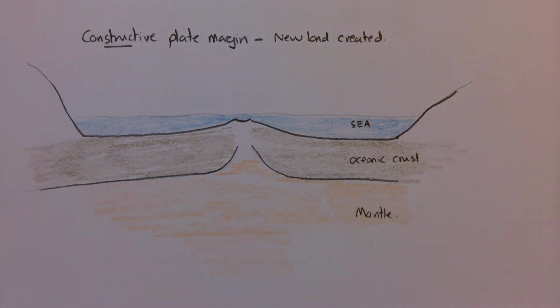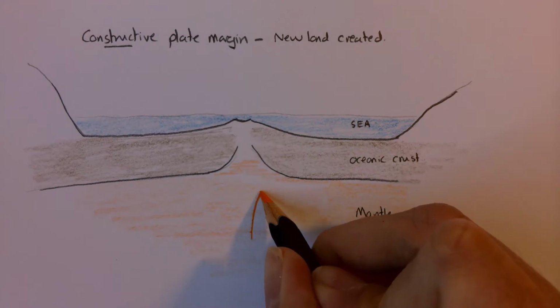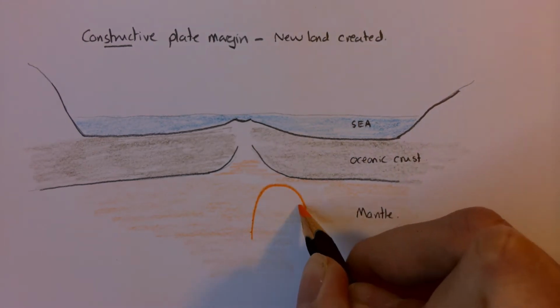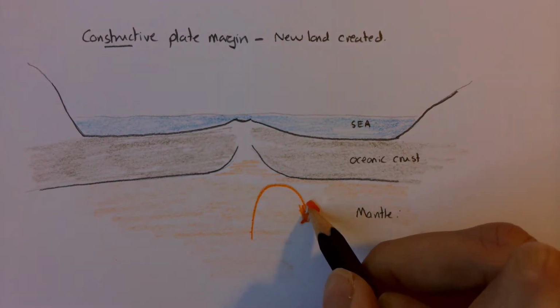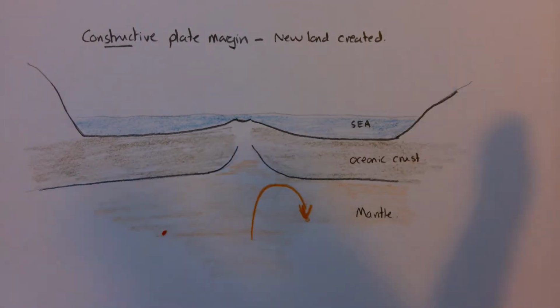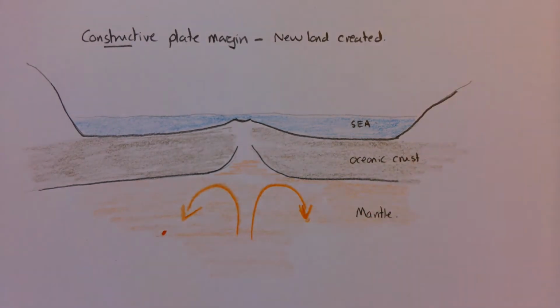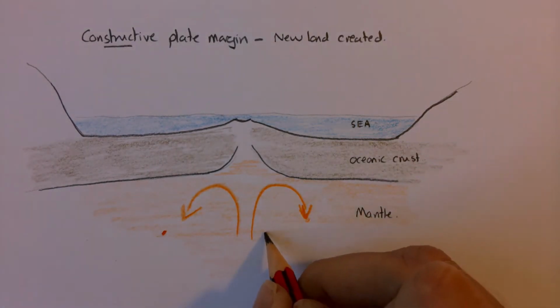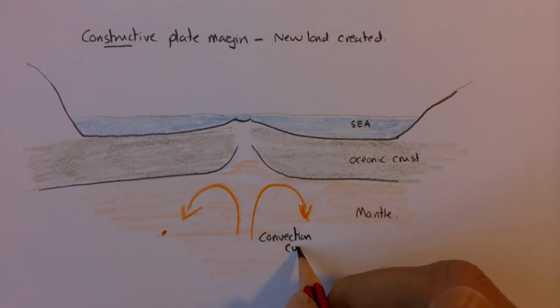Within the mantle, we have convection currents, so uprising of hot material, that are circulating within the mantle. So these are called convection currents.